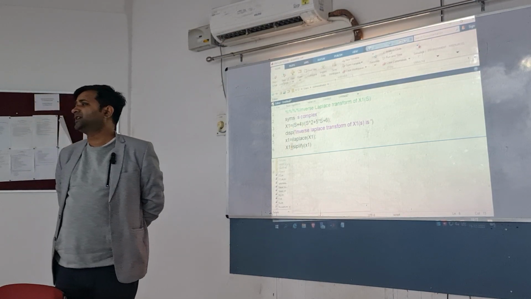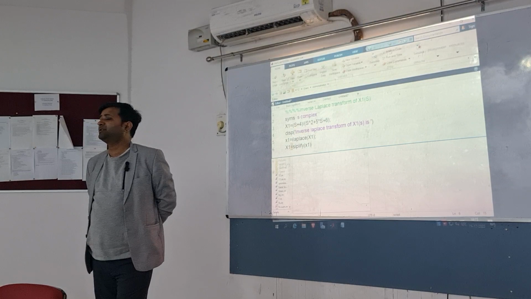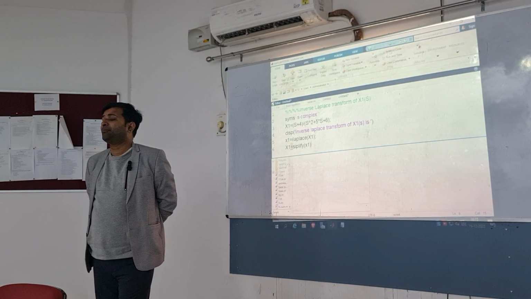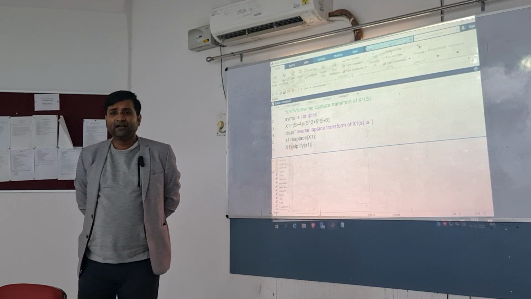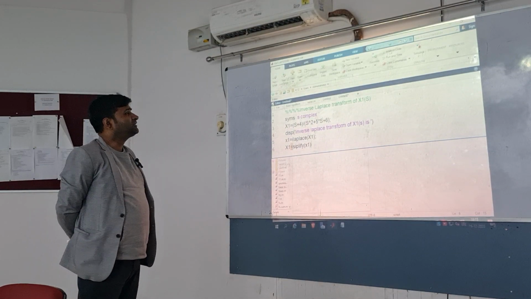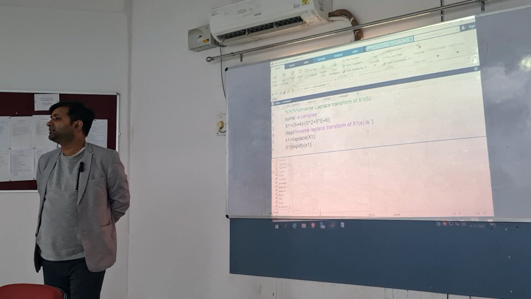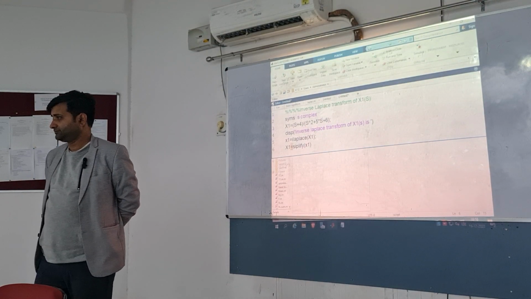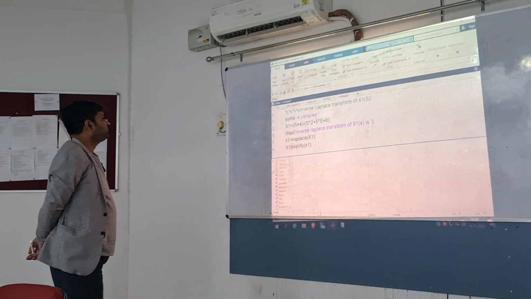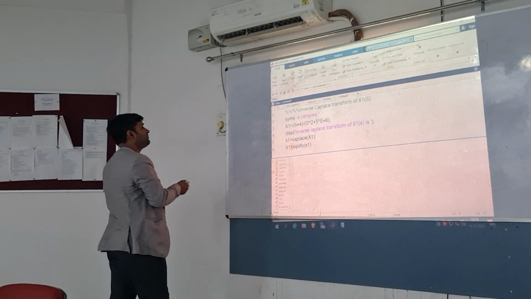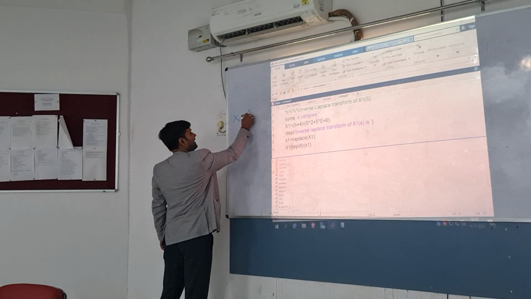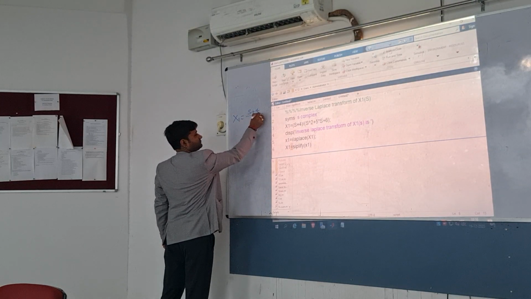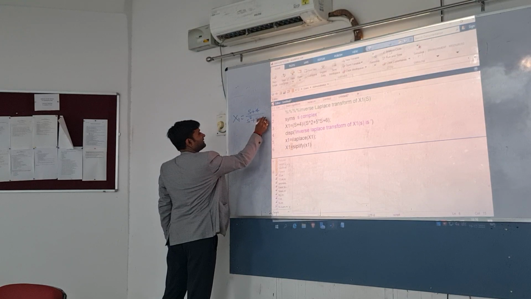You simply write the Laplace transform in MATLAB. Here, then you find the inverse Laplace transform of the given signal. Suppose x1 is (s plus 4) over (s square plus 5s plus 6).